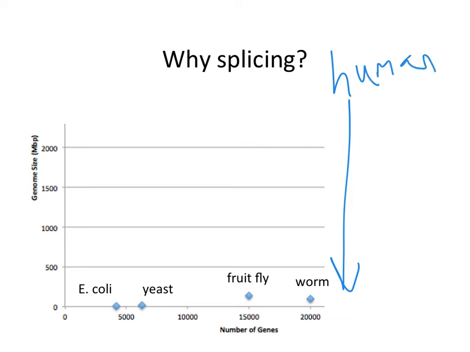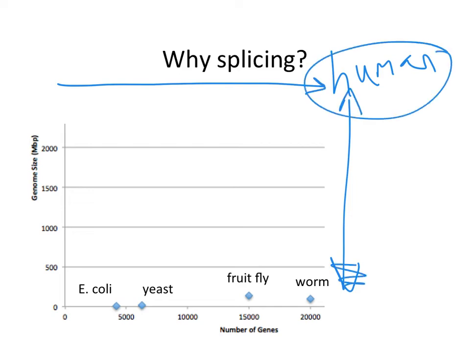Our genome size is actually kind of up here. So we're up there in the upper corner of the plot. But we've got about the same number of genes as worms. Our genome's much bigger. It's bloated with all that junk DNA that we've talked about. Maybe bloated with a little bit of candy from Halloween too.